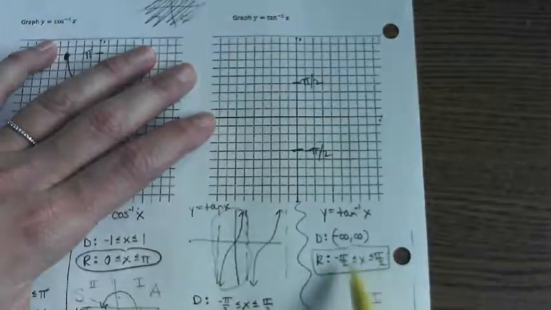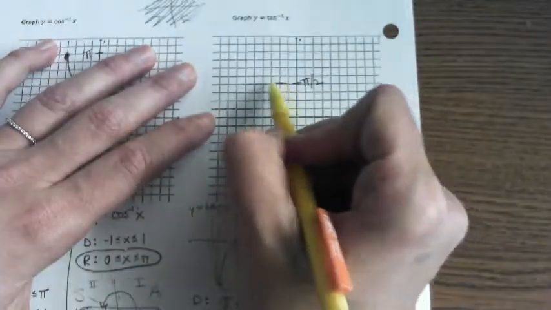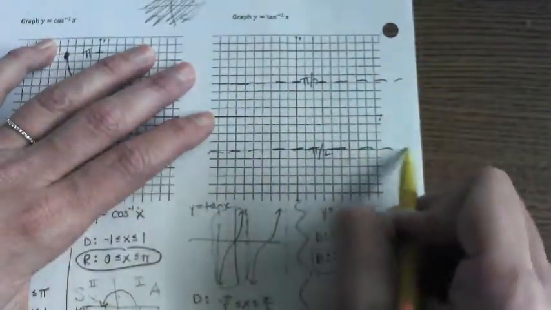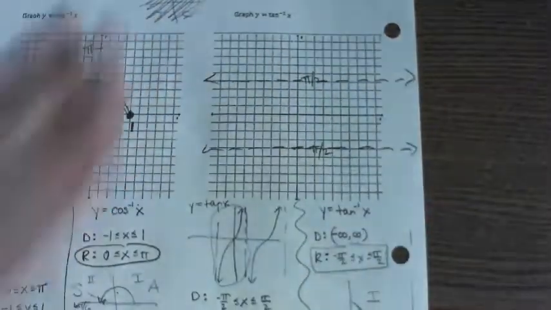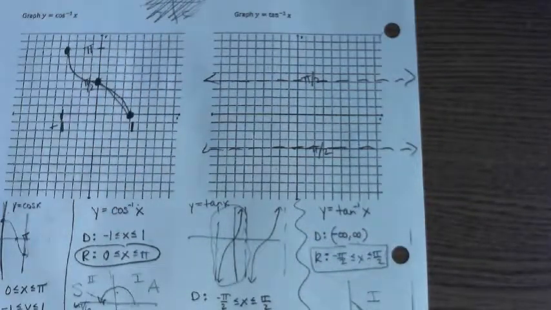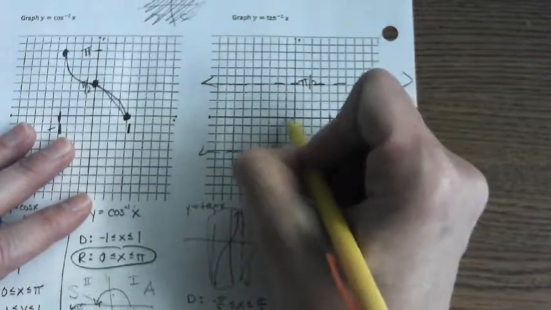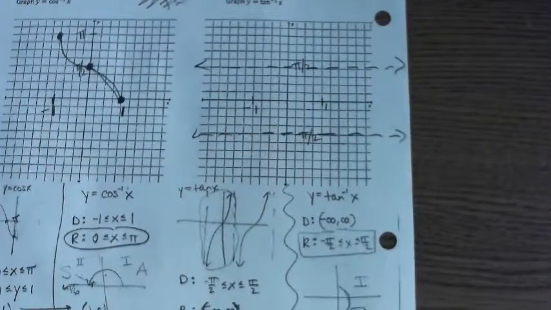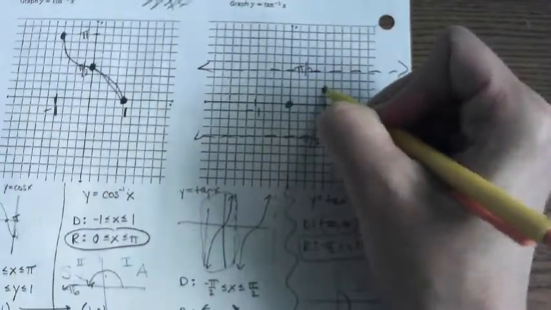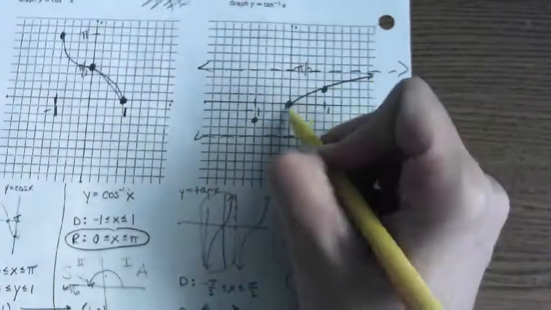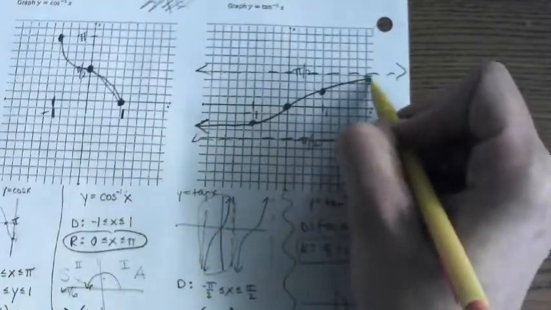That's reflecting my range. And as Liam just helped us with, we have horizontal asymptotes there. And I'll scale my x-axis from 1 to negative 1. And I'll plot those three critical points, 0, 0, 1, pi over 4, and negative 1, negative pi over 4. And this is what this is going to look like.